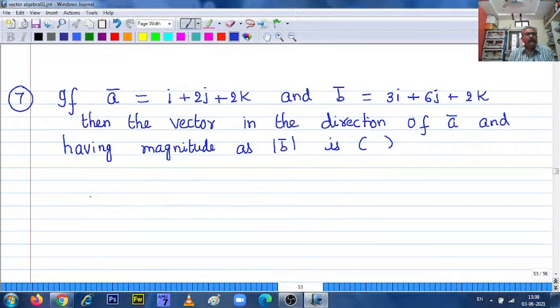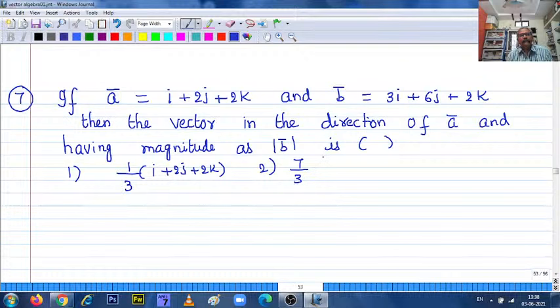Right. First option: 1/3 of i plus 2j plus 2k. Second one: 7 by 3 times i plus 2j plus 2k.